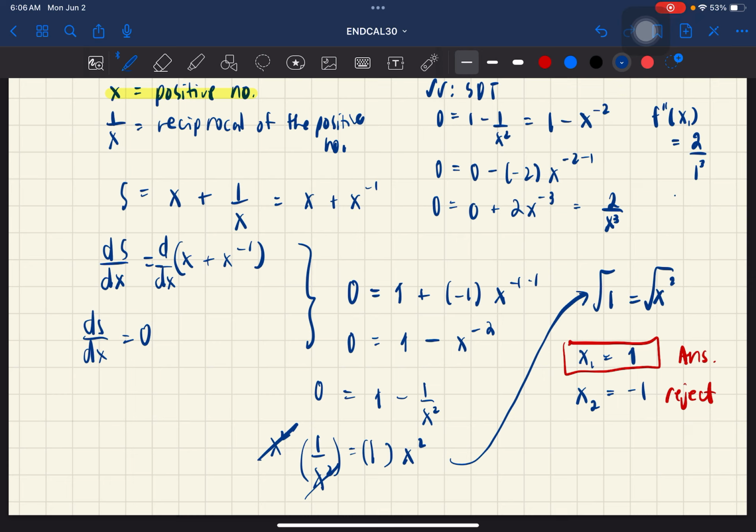So this will give you a value of 2. And remember, if your value of the second derivative is greater than 0, it's a local minimum. So therefore, at x is equal to 1, it's a local minimum. This will be our answer.